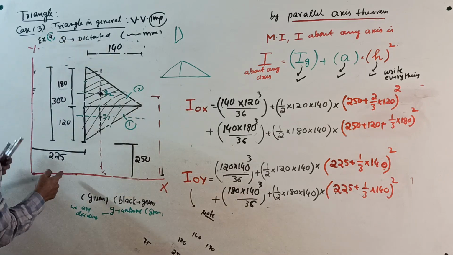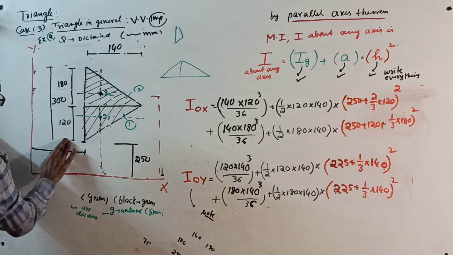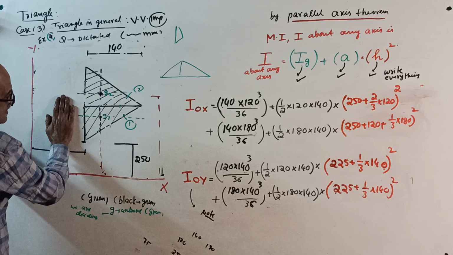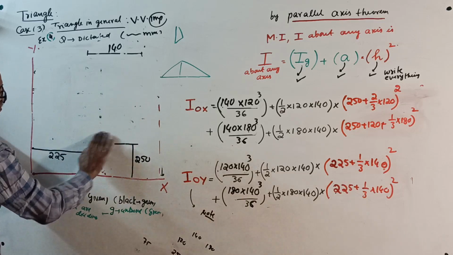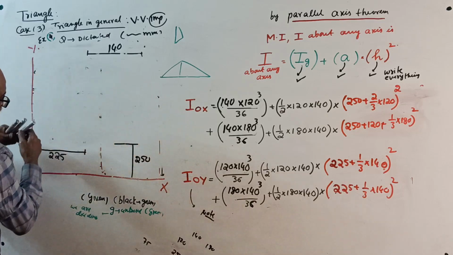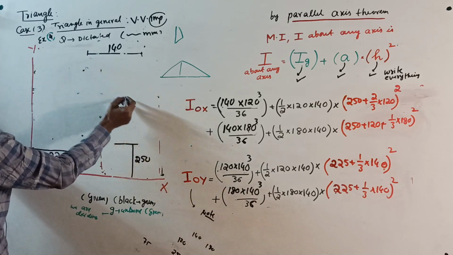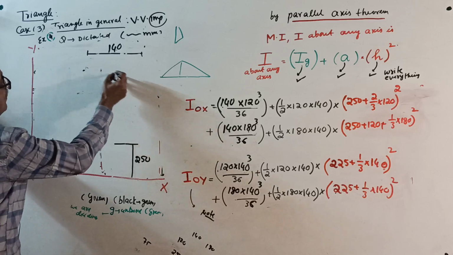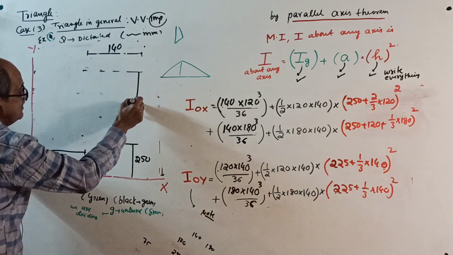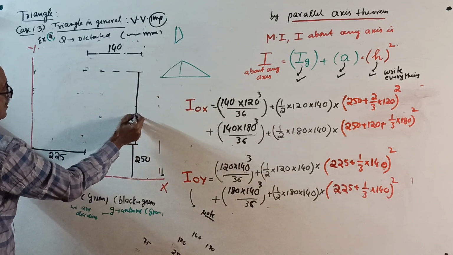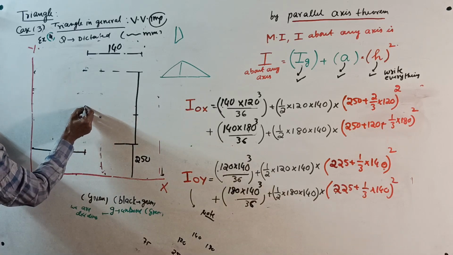Same thing, I will get confused. 225, one minute. This I will not remove. 250 also I will not remove. This is the question. 120. Okay, it is out of scale, what to do now?